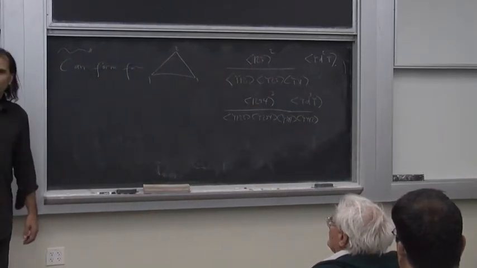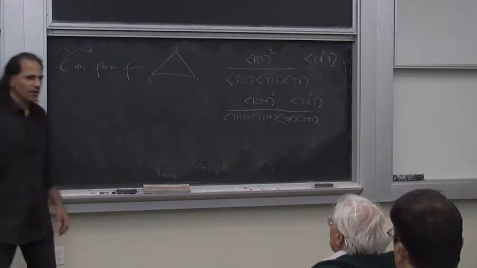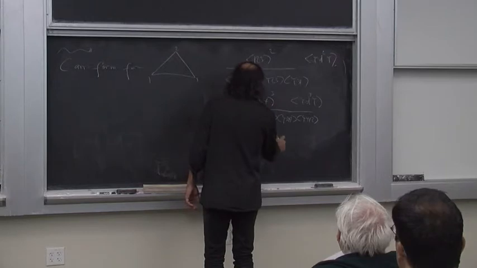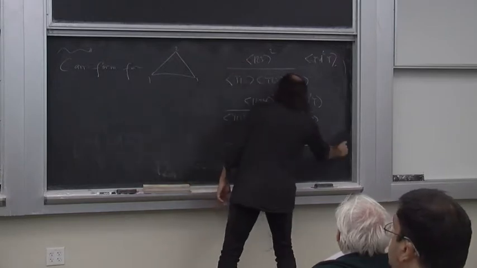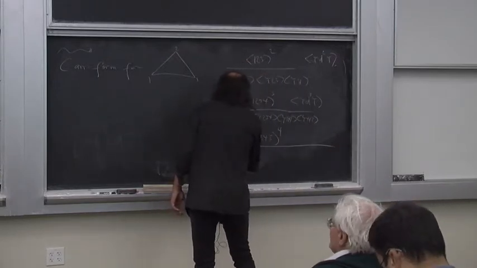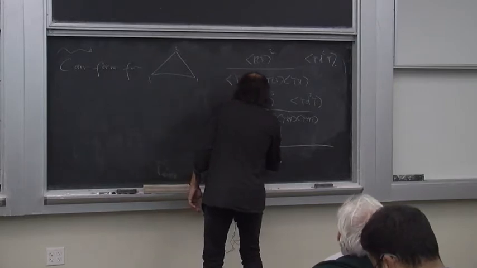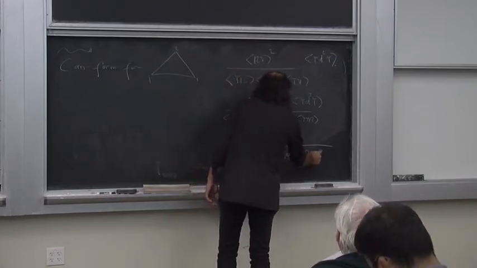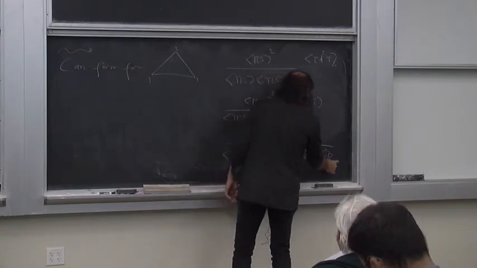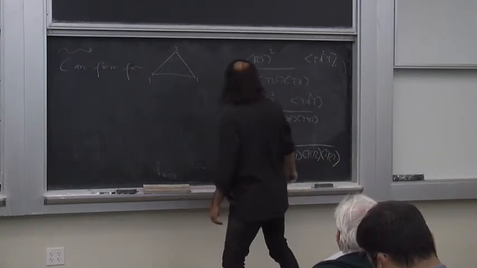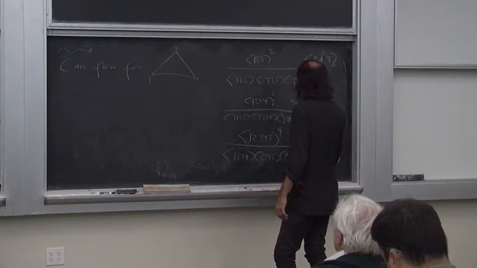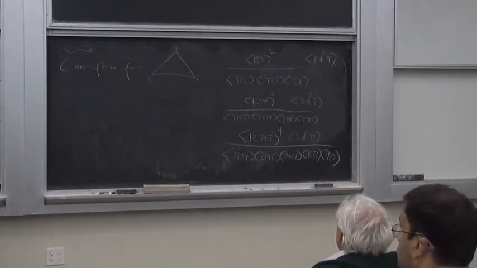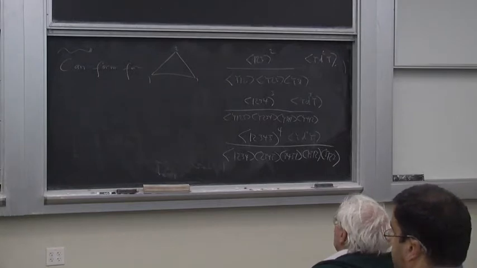And what about the canonical form for a 4 simplex, whatever it's called? Okay, it would be 1,2,3,4,5 to the 4th over 1,2,3,4, 2,3,4,5, 3,4,5,1, 4,5,1,2, 5,1,2,3. And then there would be some y d4y. Okay? Is that clear? Just keep going.